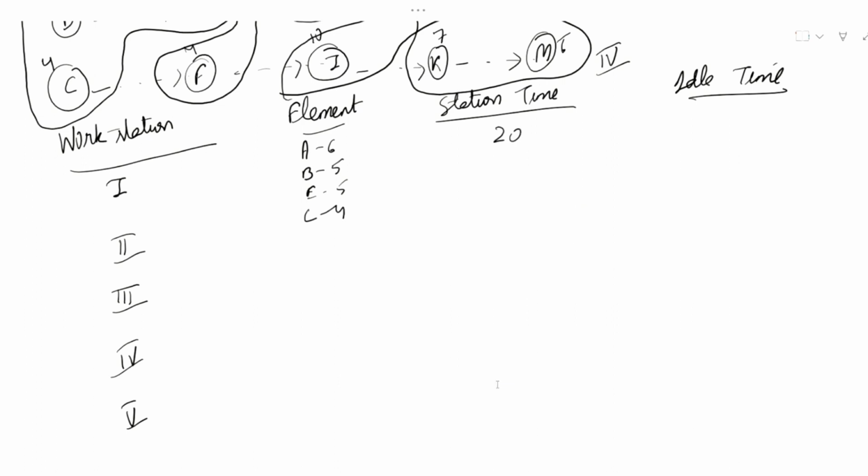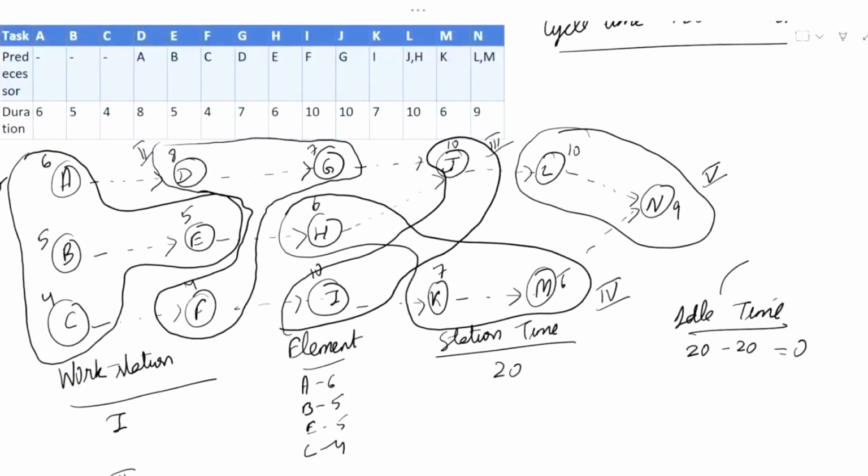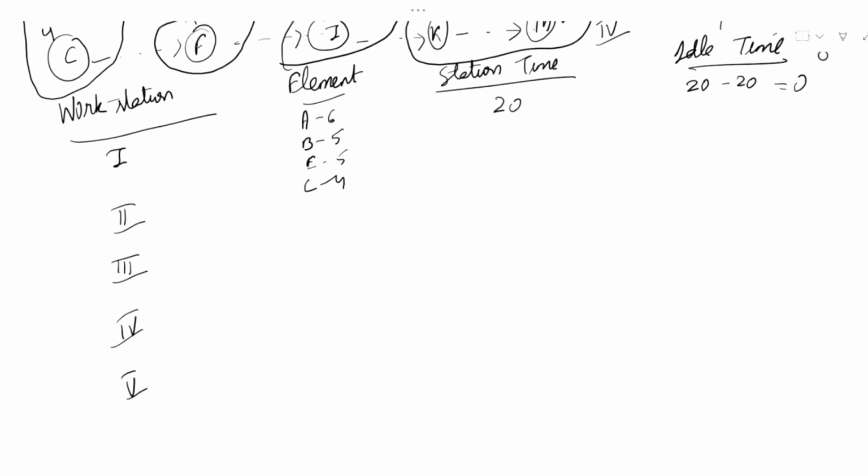Station time is 20. Now for this, idle time is 20 minus 20 is equal to 0. Idle time is cycle time minus station time.